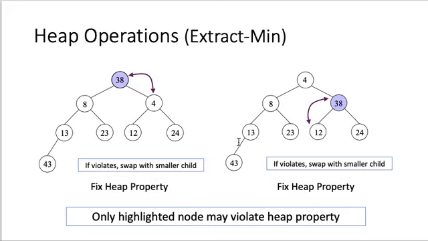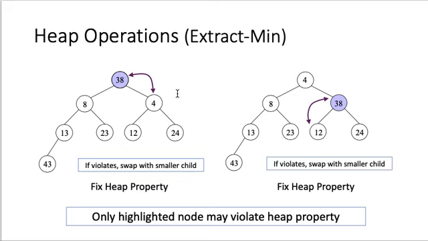Now notice that this is a bit similar to the insert operation, in the sense that the highlighted node will always move down one level after each swap. Also, in this extract min operation, we just focus on the highlighted node without caring about the other parts of the tree.